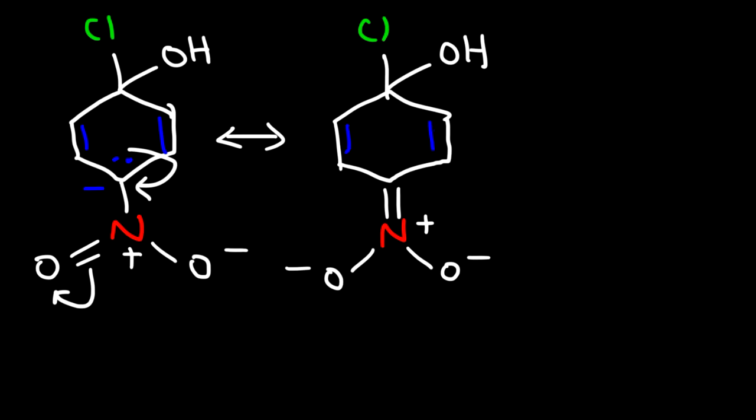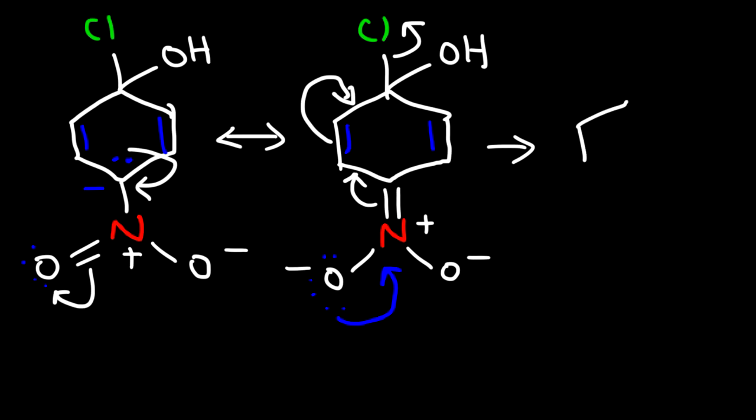So this is what we now have. So right now this oxygen had two lone pairs and now it has three. So it's going to take one of those lone pairs, form a pi bond, causing these electrons to move over here, causing this double bond to move in this region, and kicking out the Cl. And so this will give us our final product.